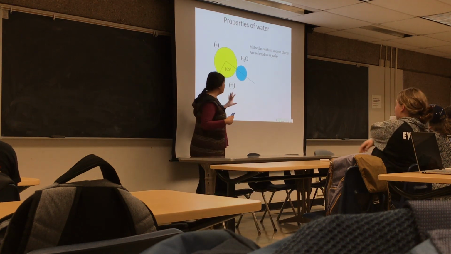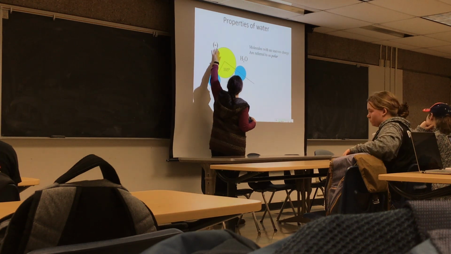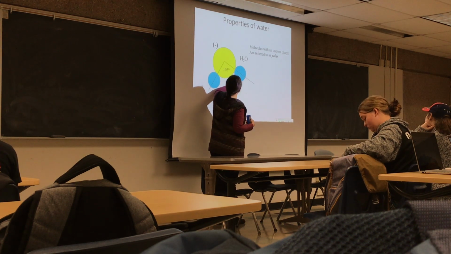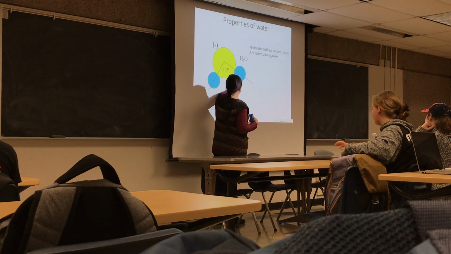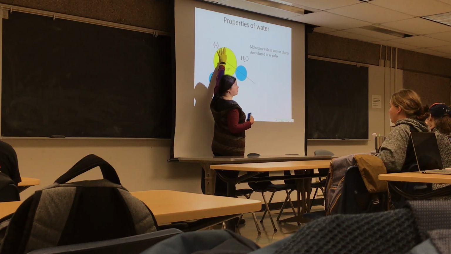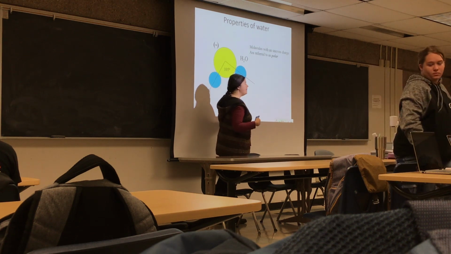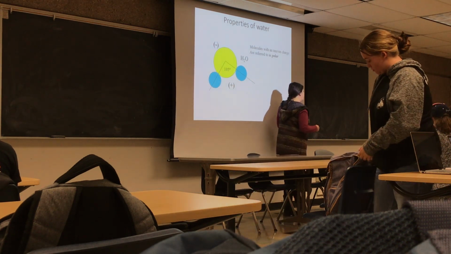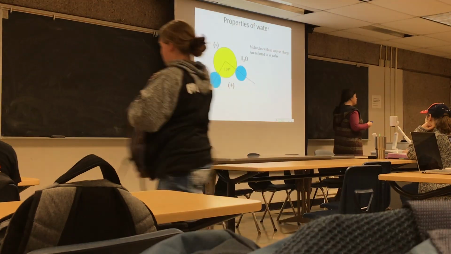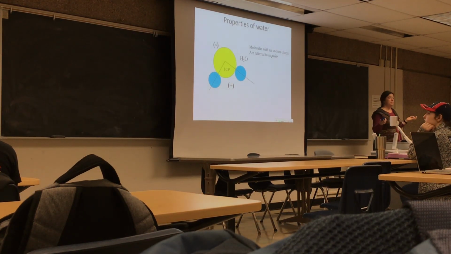As a result, the oxygen has a slight negative charge. The hydrogens have a slight positive charge because the negatively charged electron is spending more time over here. This makes this a polar molecule, okay? That's what it means to be polar. You have partially negative charge on one side of the molecule and partially positive charge on the other side of the molecule. All right?